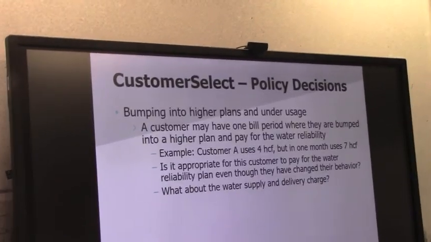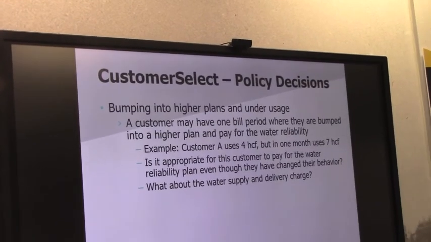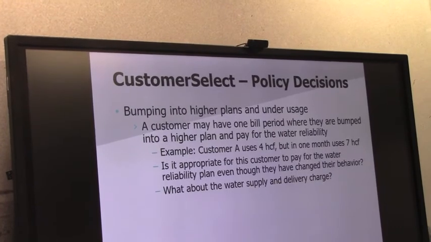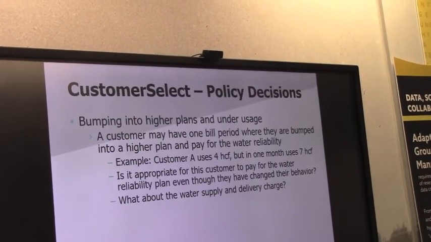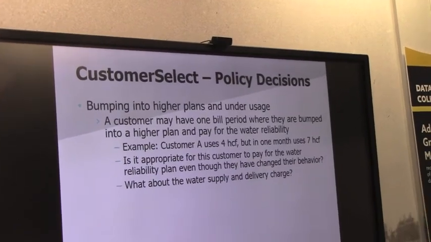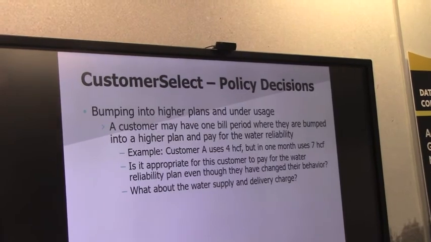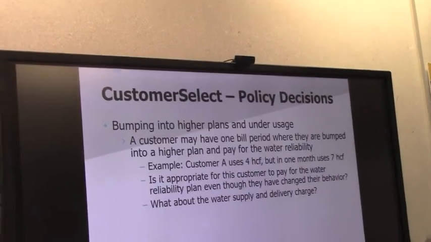May I ask a question? What is meant by the water reliability factor? I think that means providing sustainable basin sustainability, water reliability. That would factor in the cost of the supplemental supply, conservation, prevention.